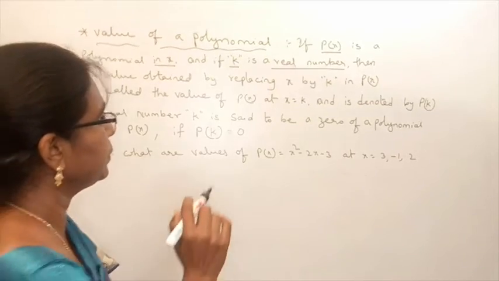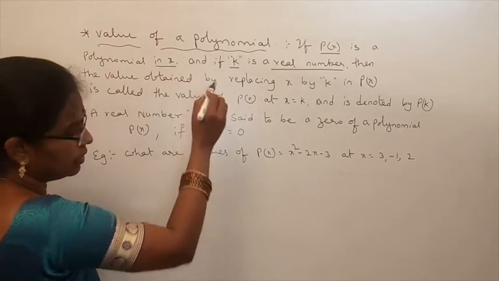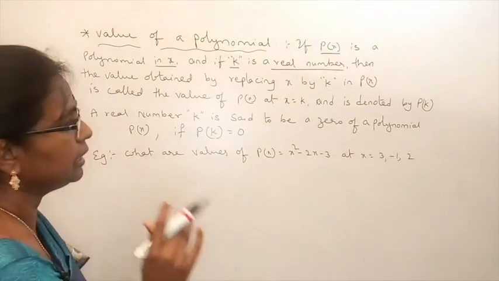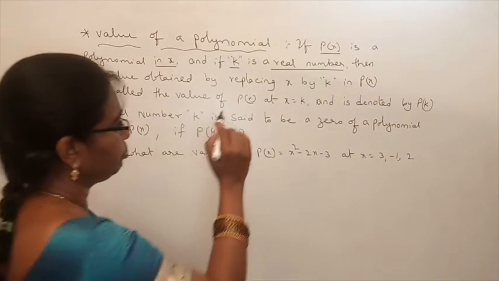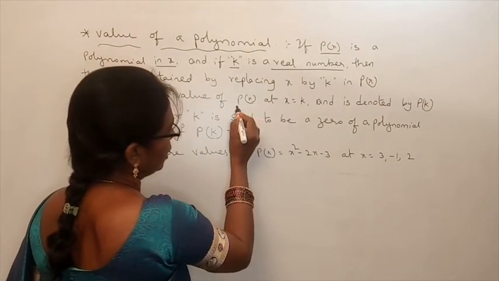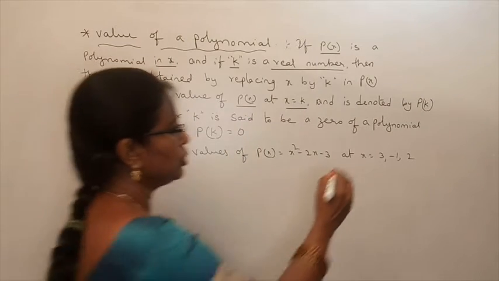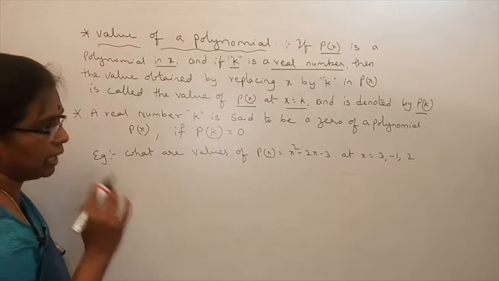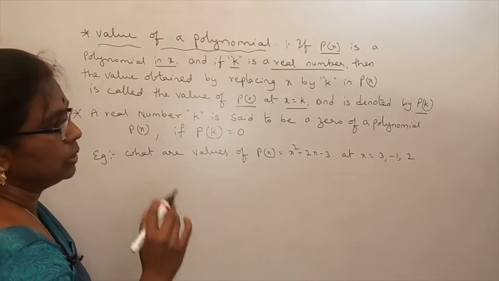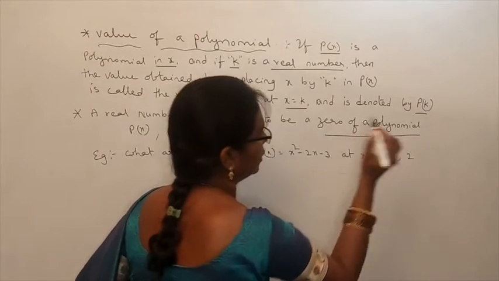Now suppose here p of x, then what is the variable? x. Instead of x we will substitute some real number, then you will get one value. That value we call the value of polynomial p of x at x is equal to k. It is denoted by p of k. When the p of k value is 0, then that k is called a 0 of the polynomial.